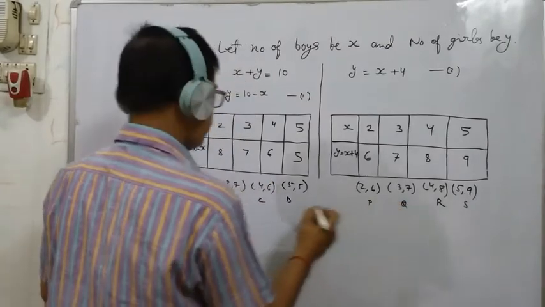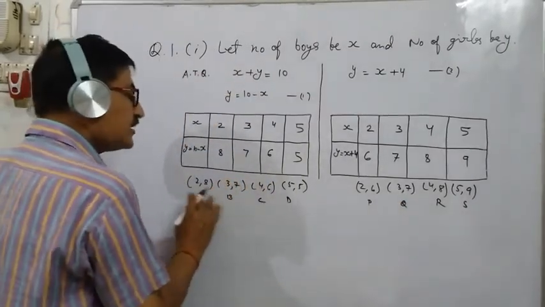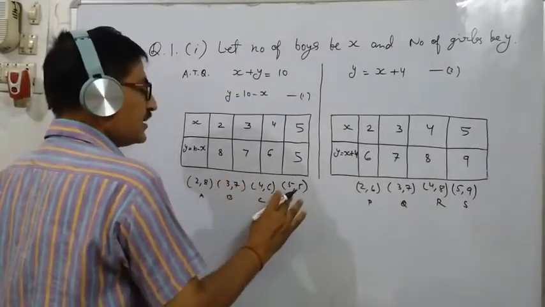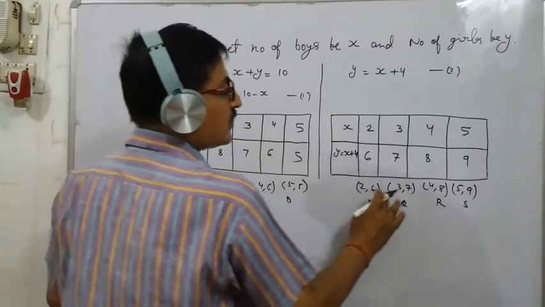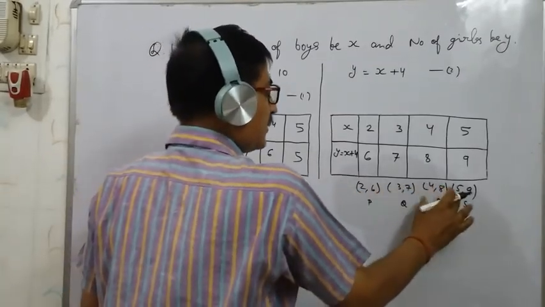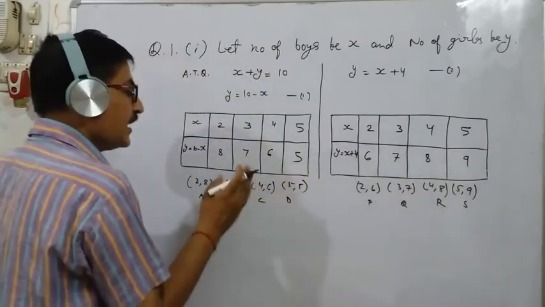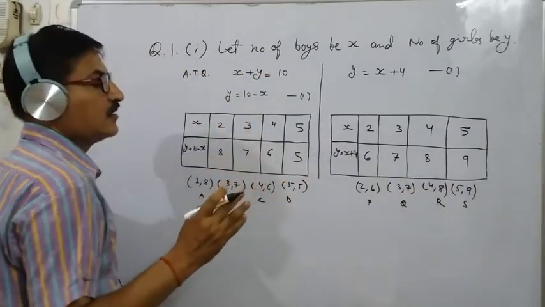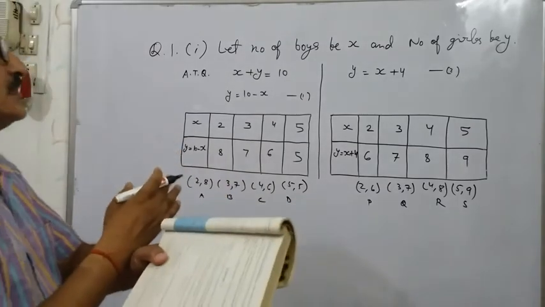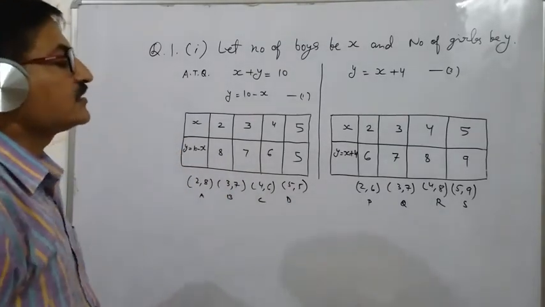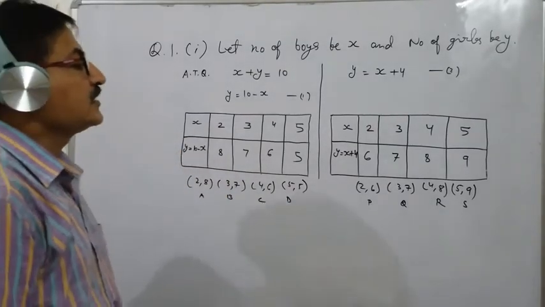Here students, from both sets of coordinates you can see that the point B and the point Q are common. Means if you draw a line with these coordinates, and again draw another line with these coordinates, then you will see that at the point 3, 7 both lines will intersect each other.